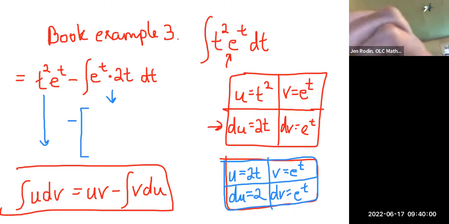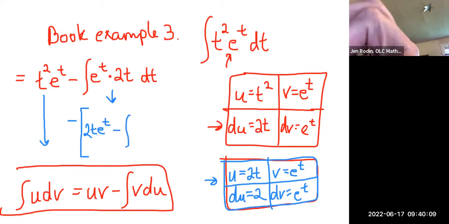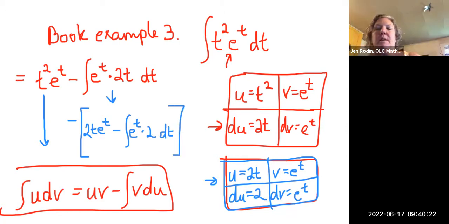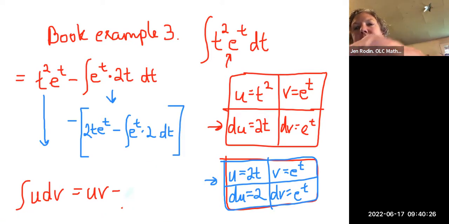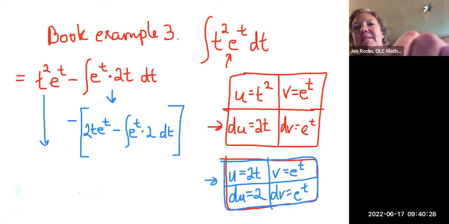Okay, so now the new uv is down here: 2t e to the t minus the integral of e to the t du.